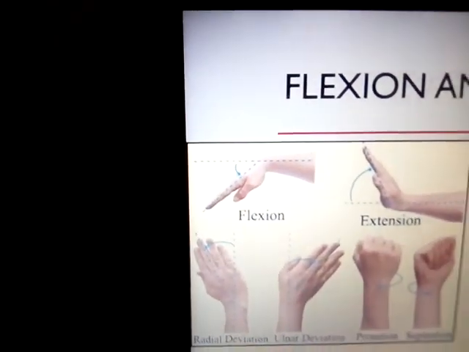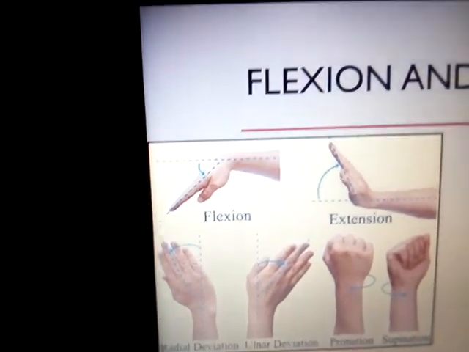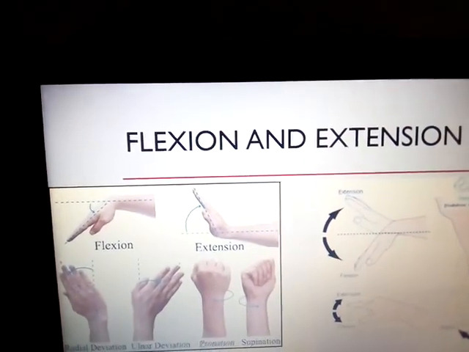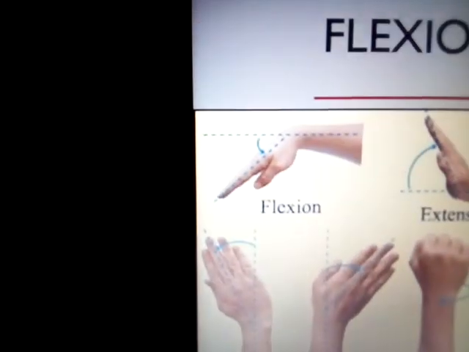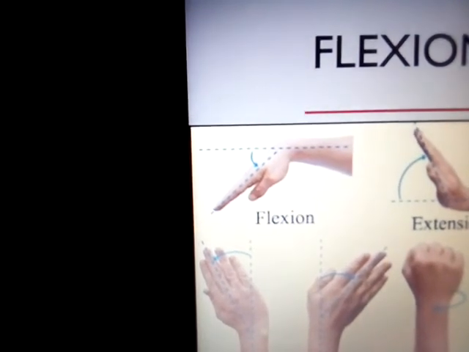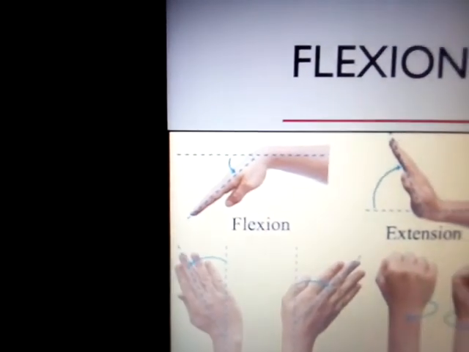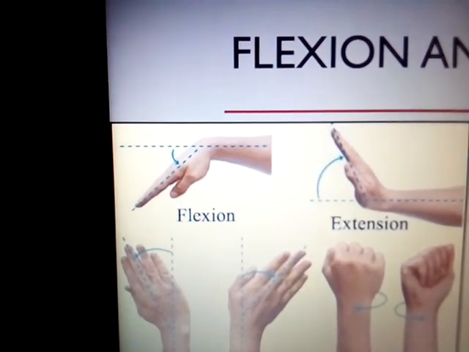Anyways, I'm a simple person. I'm going to define these two terms, flexion and extension, in a very simple way. See, generally flexion decreases the angle, and extension is going to increase the angle. Can you see that?